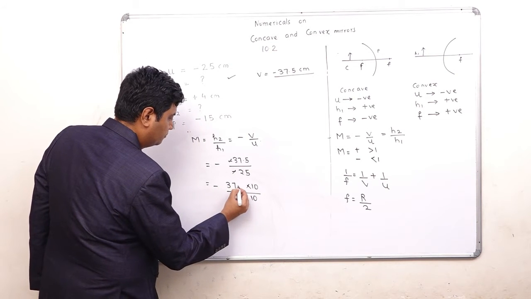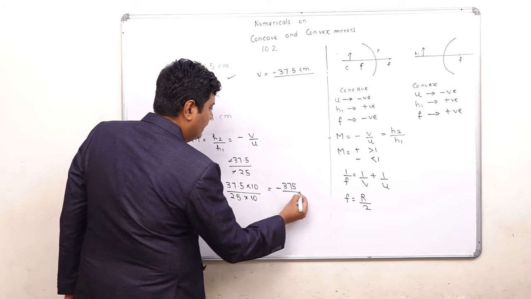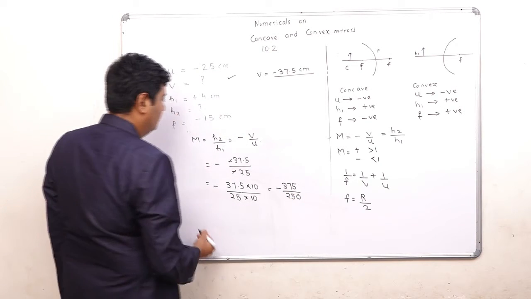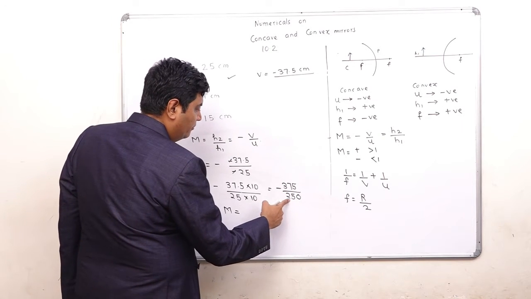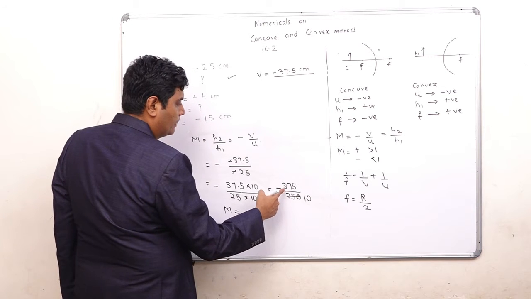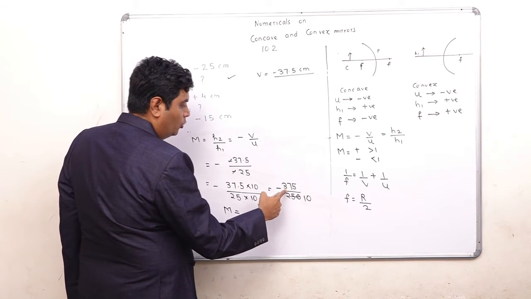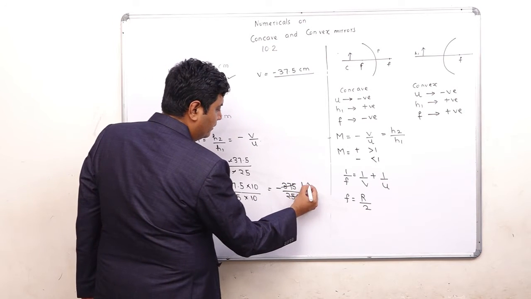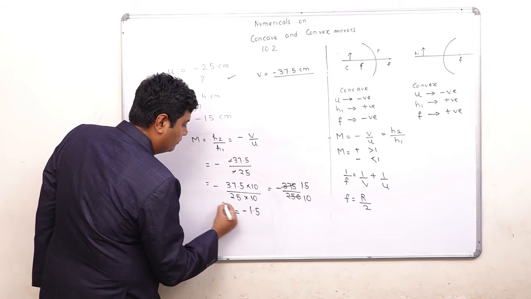So this becomes minus 375 divided by 250. So m is equal to minus 1.5.